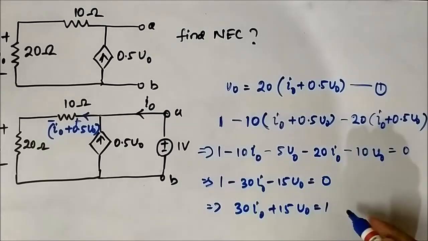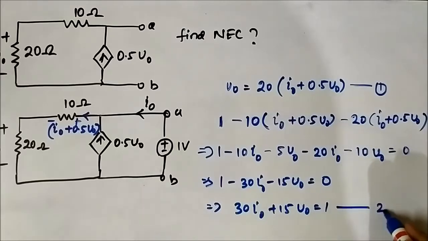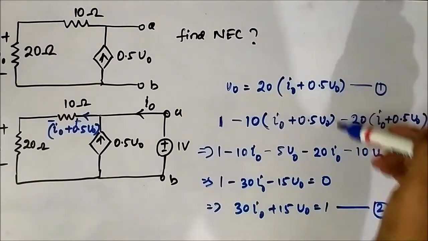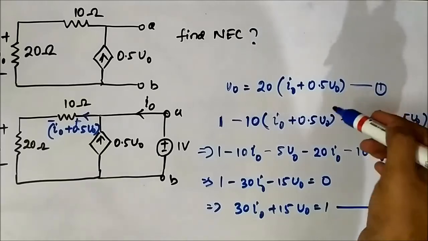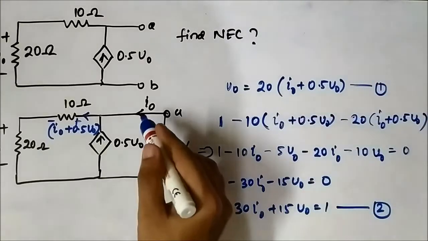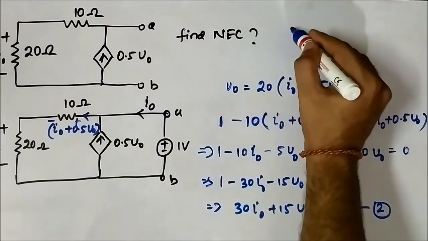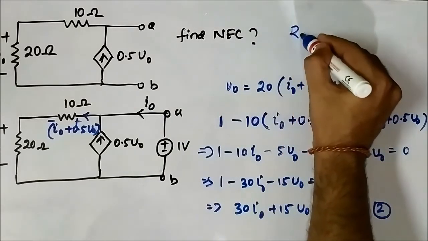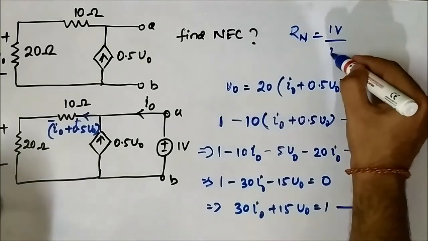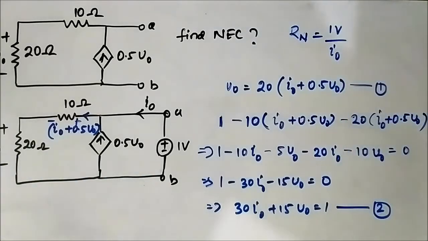So this is the second equation. This is the first equation, this is the second equation. Now we have to figure out a way in which we can cancel out V0 so that we can directly get I0, and once we get I0 we can determine Rn as 1 volt by I0. Okay, so let us do that.